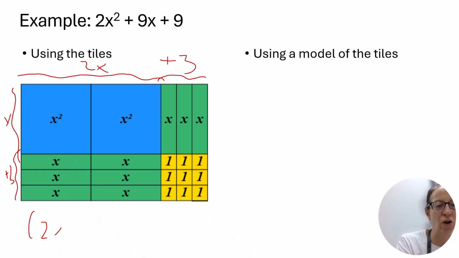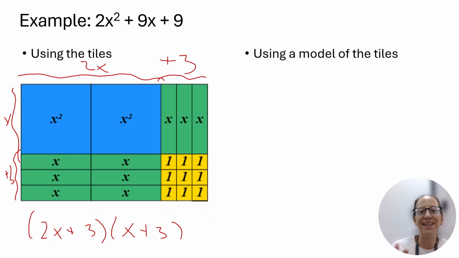So the factors are 2x plus 3 and x plus 3. What I'd like to do is figure out if there is a way I could look at that rectangle without having to draw all those tiles. So here's what we're going to do. We're going to section that off.